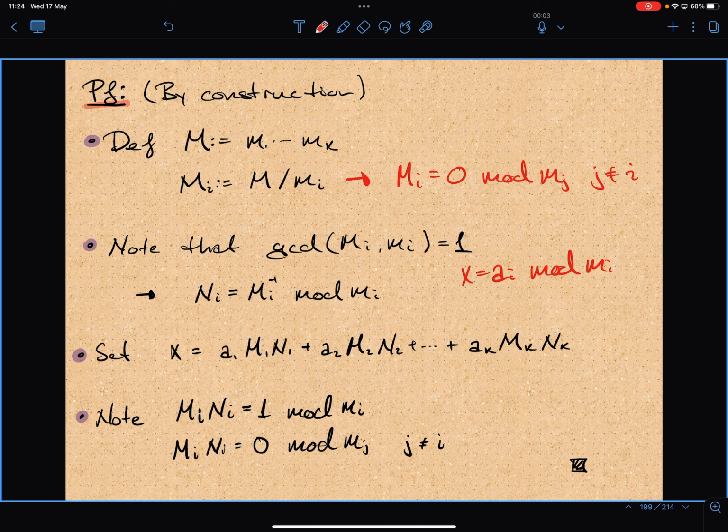But you can go through the details, and using this inverse map, you can verify all the other parts of the claim. So here I'm just constructing the inverse to show how to go back, and there are additional details that I'm leaving out. Questions?